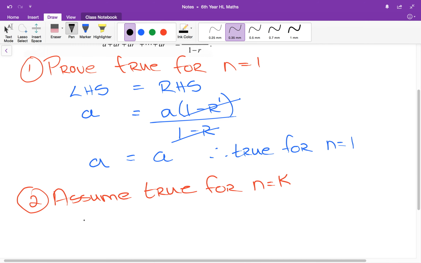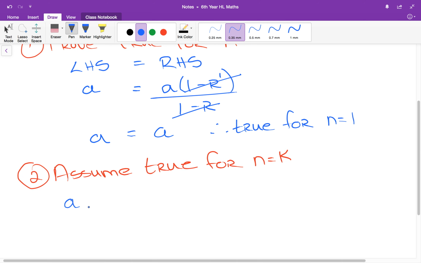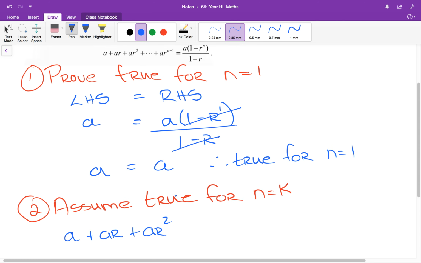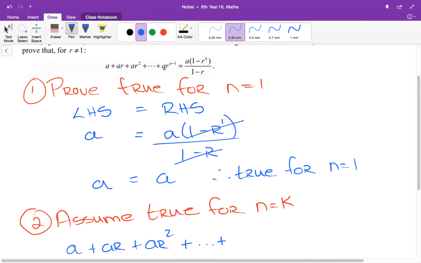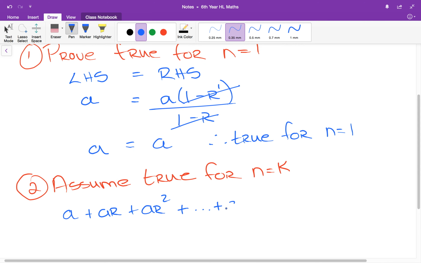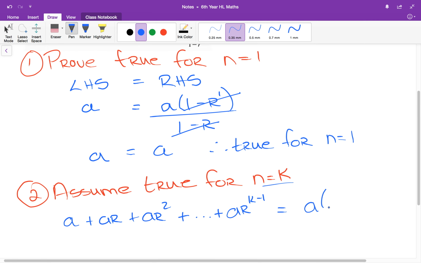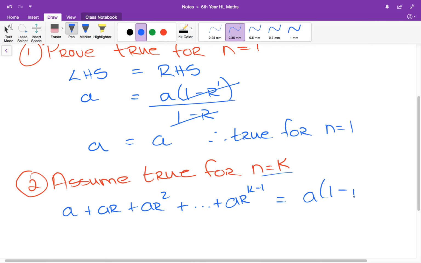So it becomes a plus ar plus ar squared. And then here I have ar to the n minus 1, so that will become ar to the k minus 1 because n is k. And on the right hand side I have a times 1 minus r to the power of n, so now it's to the power of k over 1 minus r.